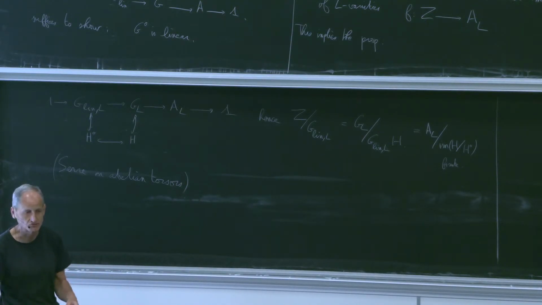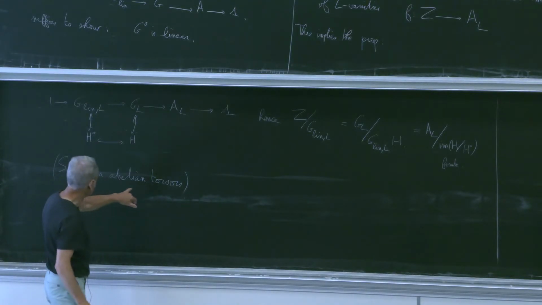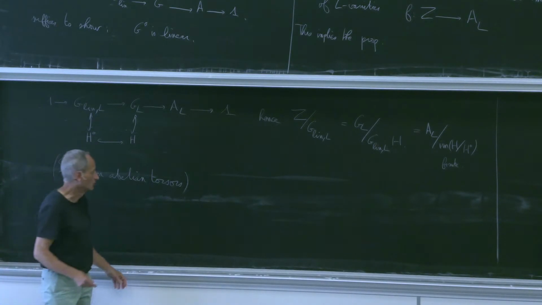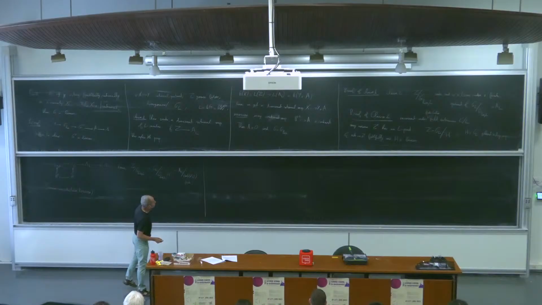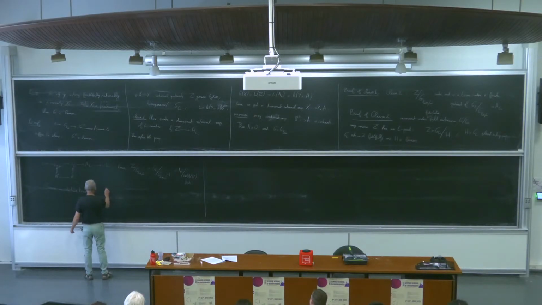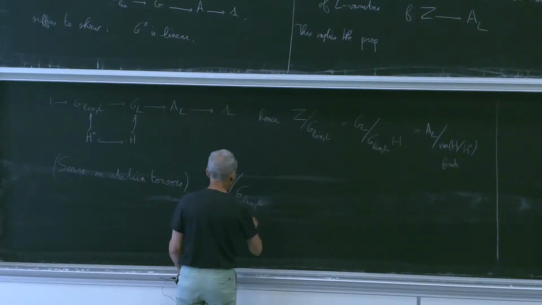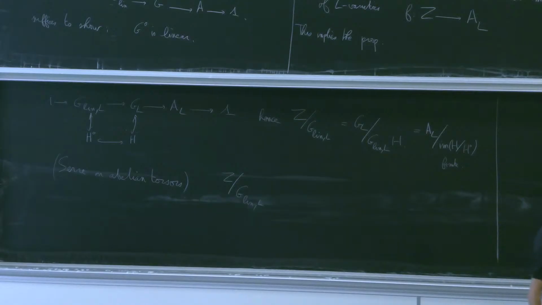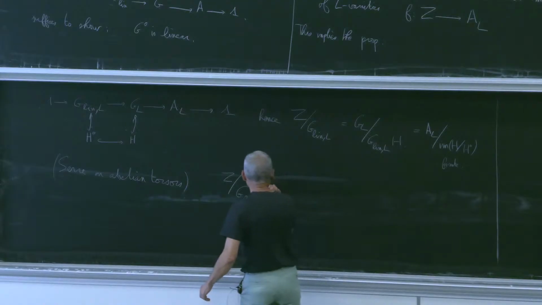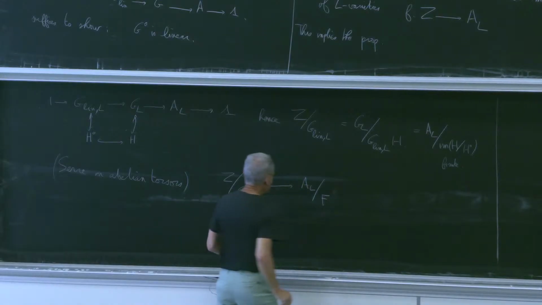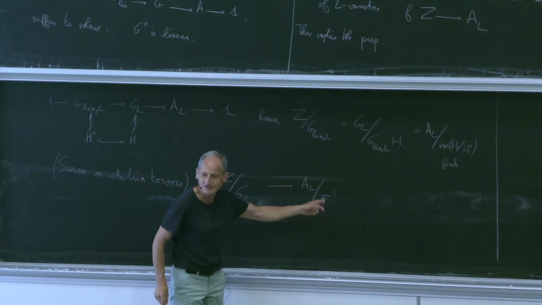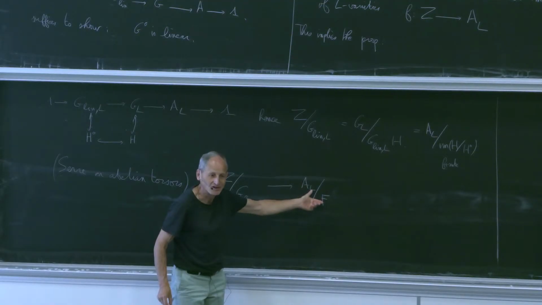You have a natural operation on torsors under this abelian group, and this group is torsion. And in concrete terms, the reformulation is that there exists a map from Z mod G lin L, which is the total space of our torsor, to some kind of stupid torsor over A, under AL. Quotient of AL by some finite group. This is a torsor with a k-rational point.